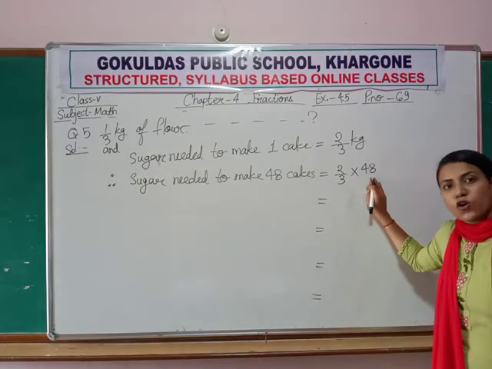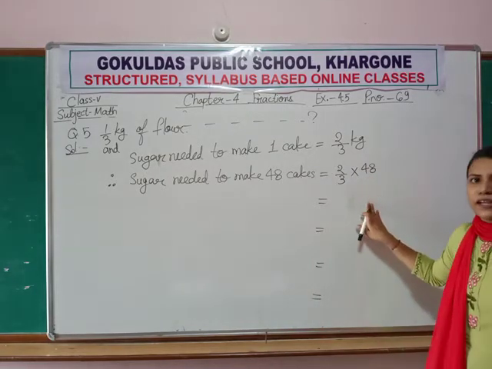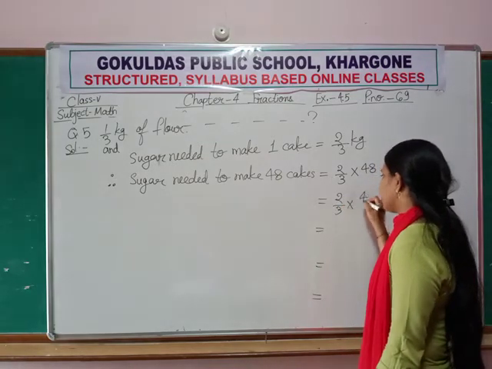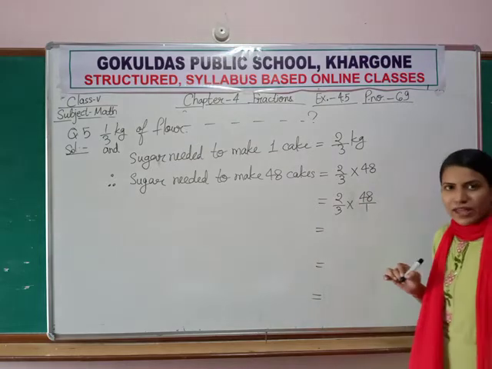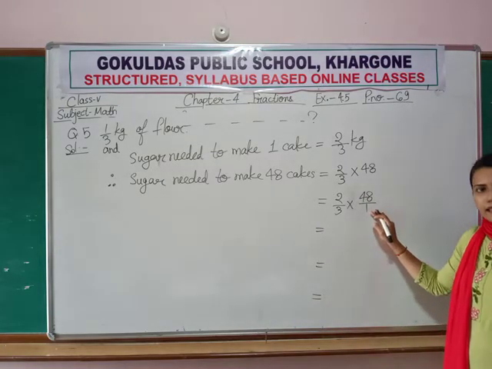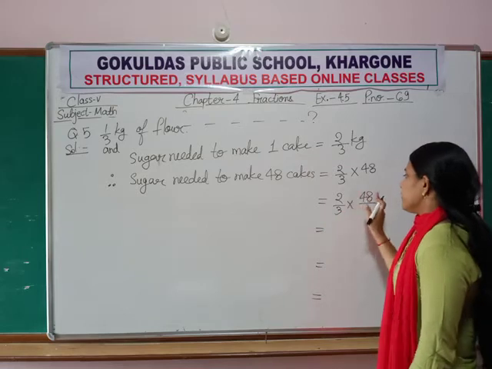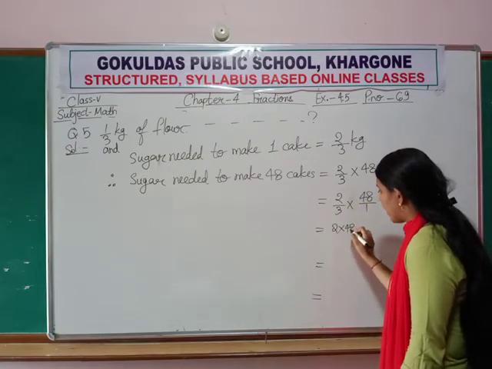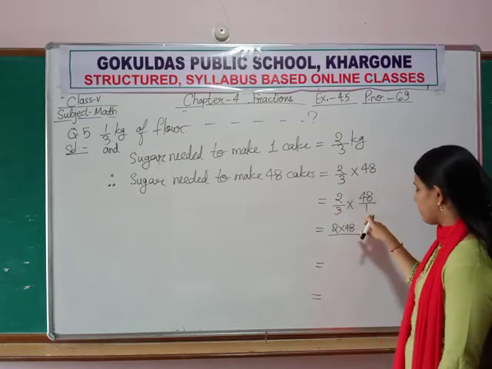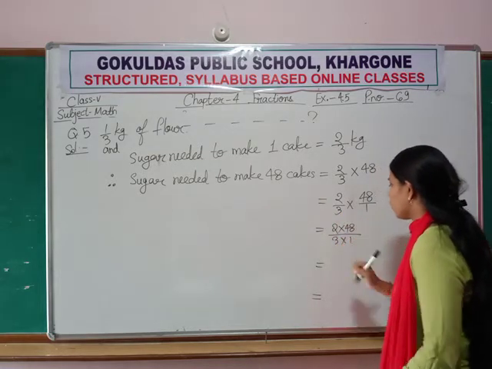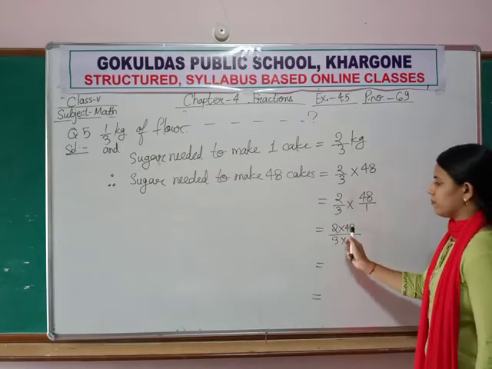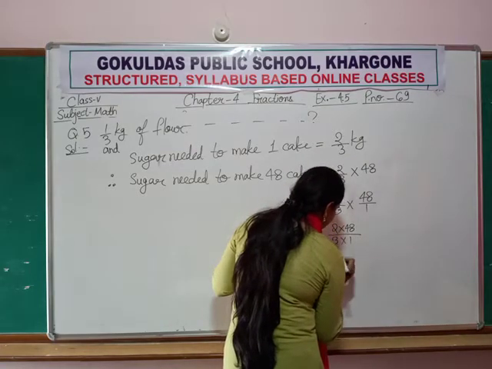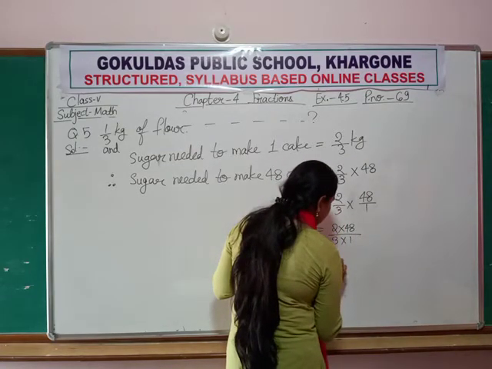Now here 48 is a whole number, and there is nothing in the denominator, which simply means 2/3 multiplied with 48/1. We multiply numerator with numerator, so 2 multiplied by 48, upon denominator multiplied with denominator, so 3 into 1. 2 into 48 means 96 upon 3.